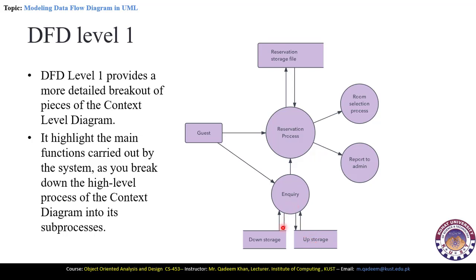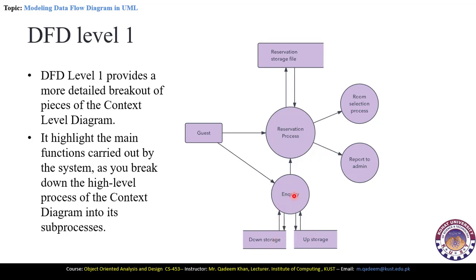Down storage means that when the admin wants to perform some updates, and those updates mean that when the admin is reducing some of the facilities, then there will be a down storage.